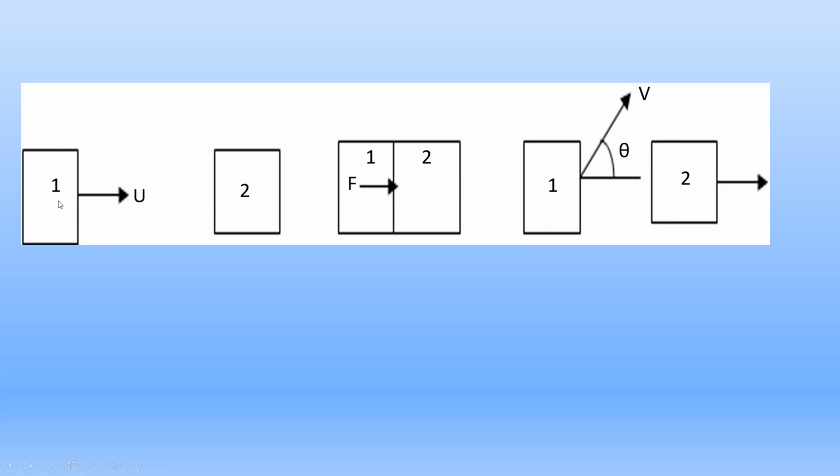So v cos theta is the component of this final velocity v in the direction of force F. Take m as the mass of the first body. The initial linear momentum of this first body is mass m into initial velocity u.